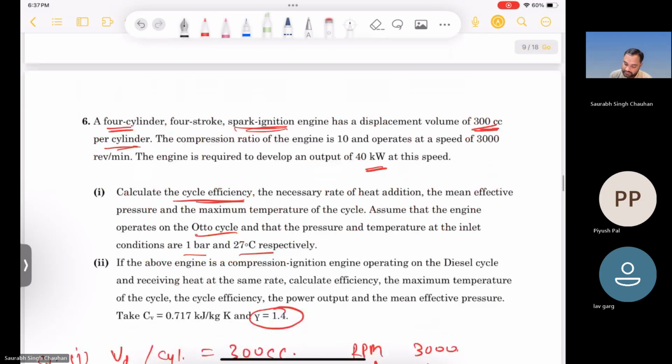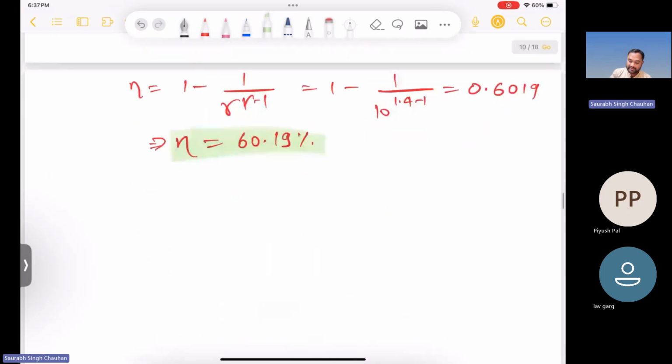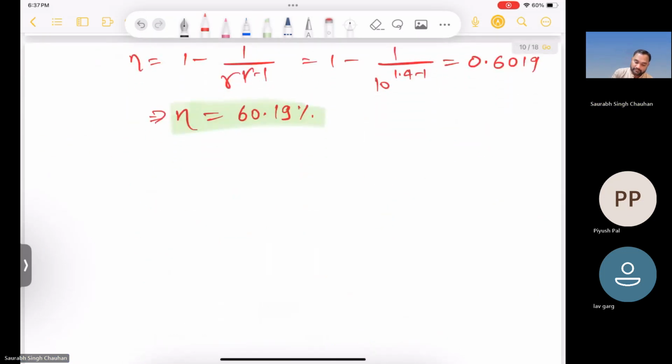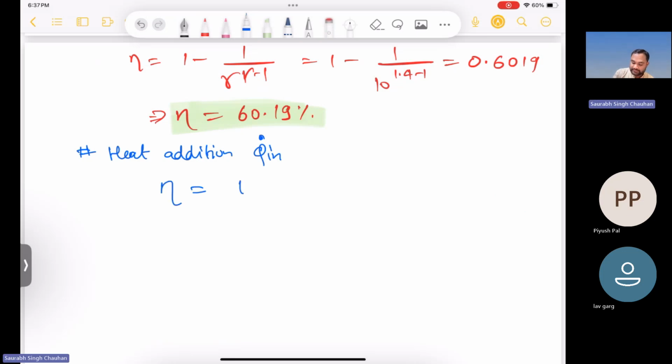What else do we have to find? The necessary rate of heat addition. The definition of efficiency is the rate of work output, or power produced, divided by the rate of heat input.